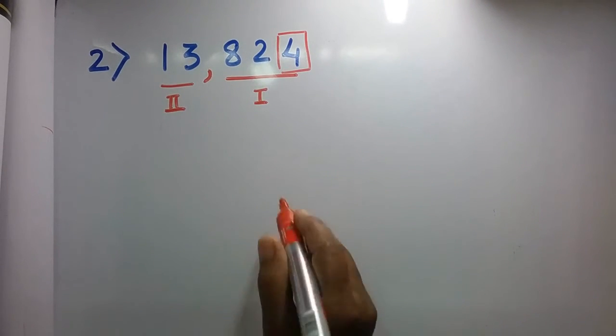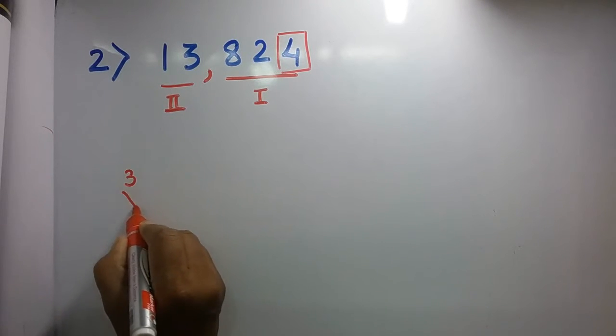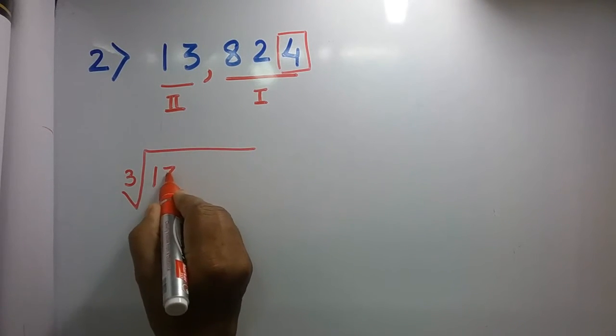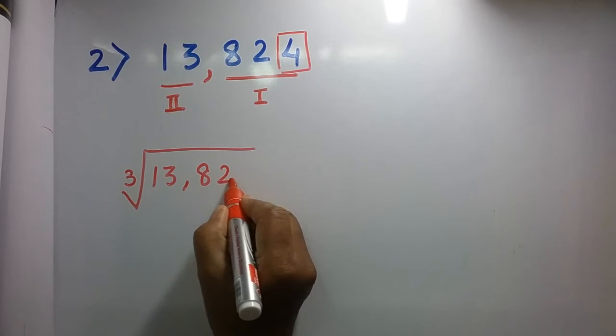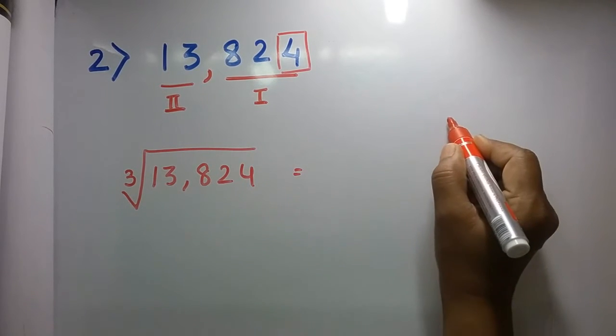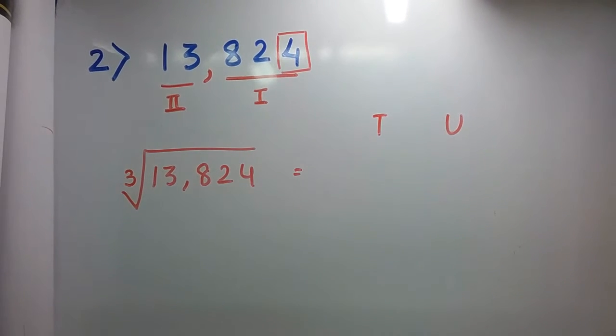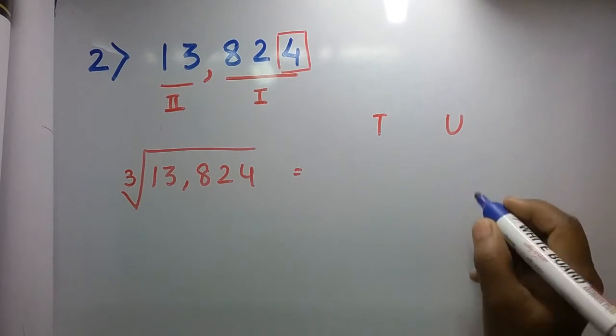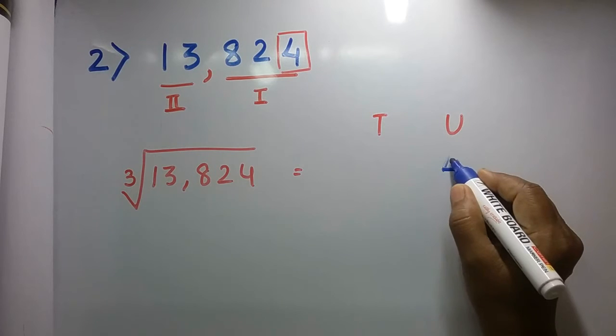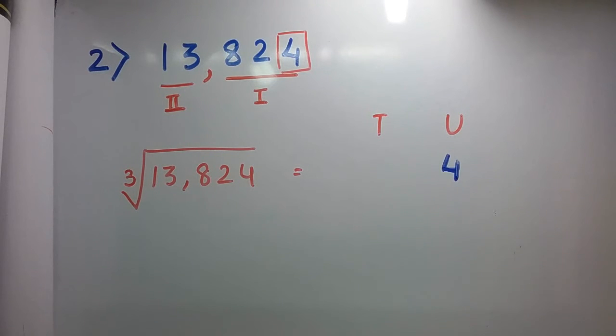We have already studied that. So for the cube root of 13824, you have to write the unit and tens place. As 4 is here, you will get 4 in the unit place.